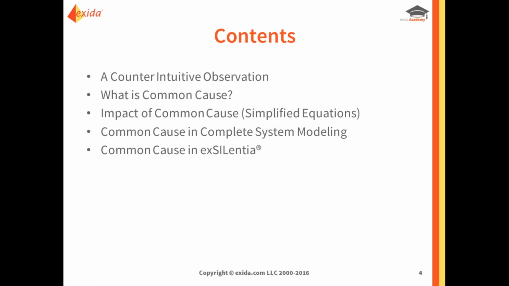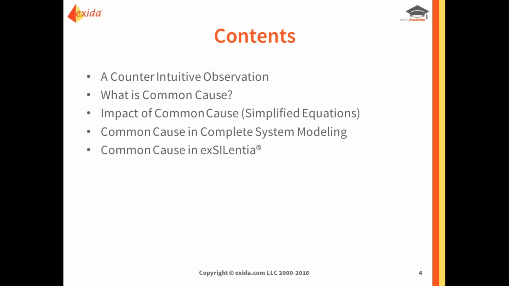So that's an observation that we've seen, and so let's get started and see what common cause is. What are common cause failures and how do they impact our probability of failure on demand? I'll talk about that from a simplified equation perspective.